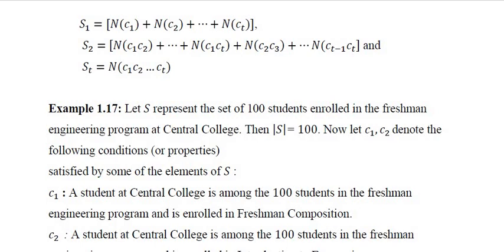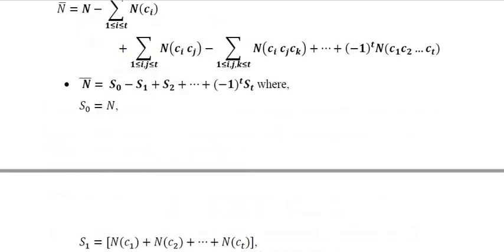So this is what our principle of inclusion and exclusion theorem says, that is n bar is equal to S0 minus S1 plus S2 plus etc., plus minus 1 the whole raised to t into St.